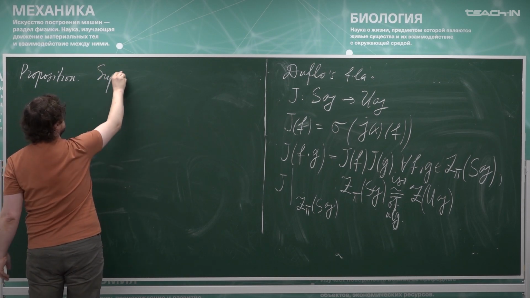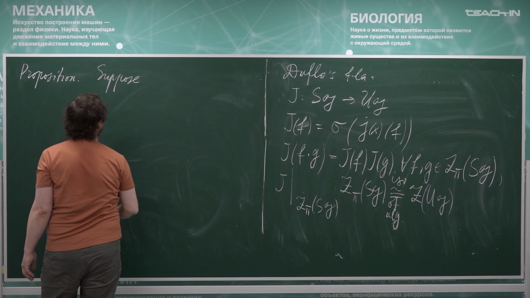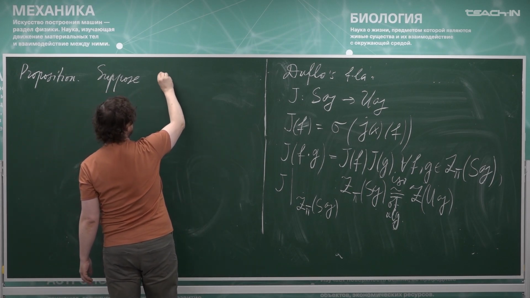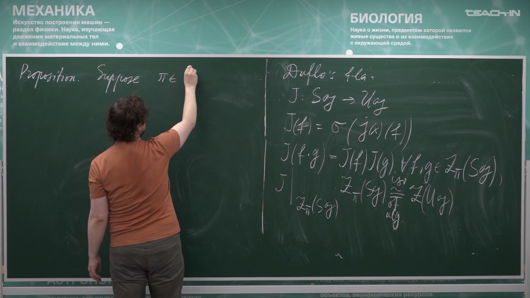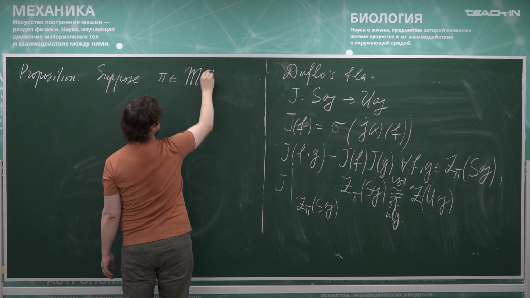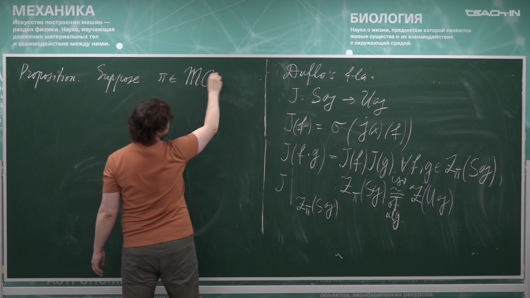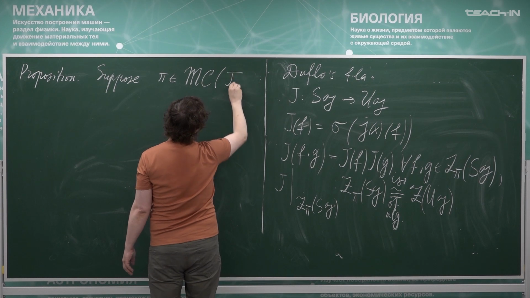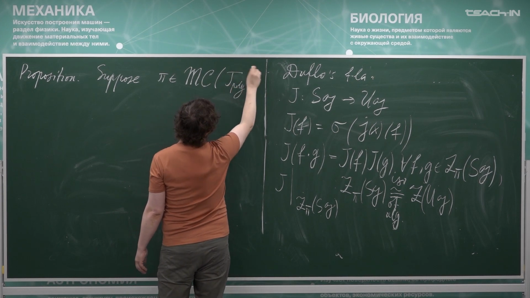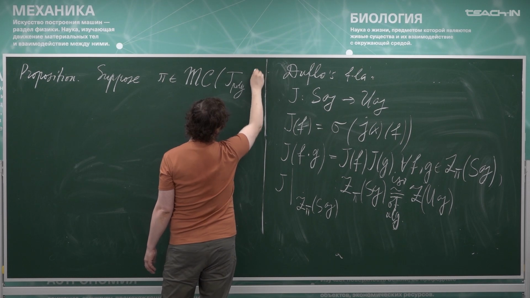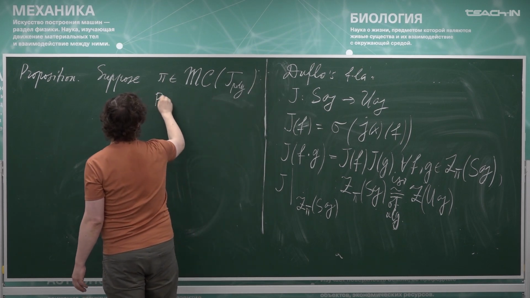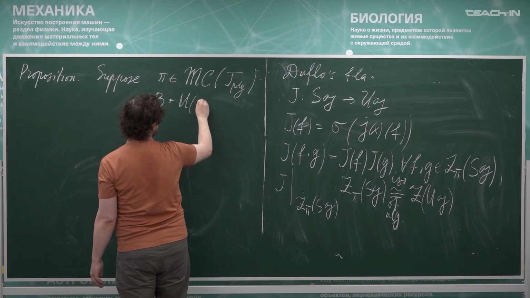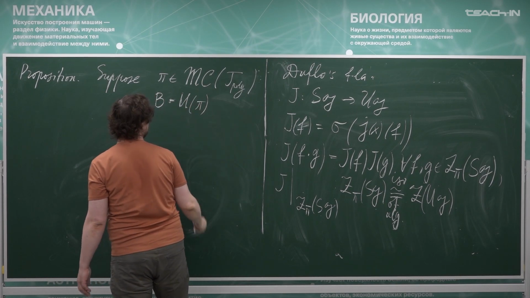Suppose pi is an element in the Maurer-Cartan set of T poly. B is given by the Kontsevich map applied to pi.